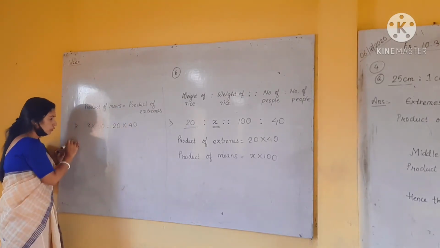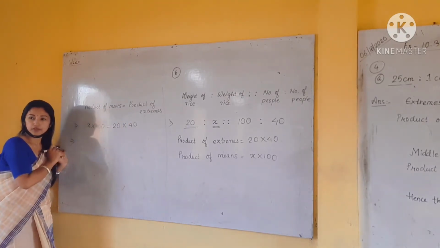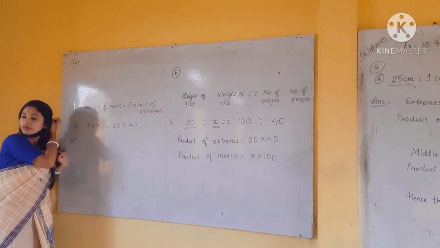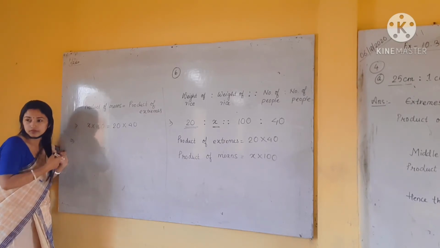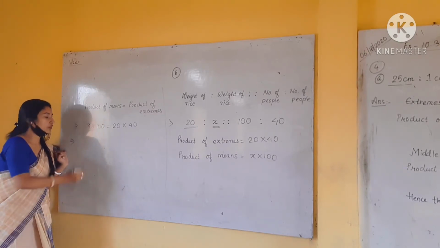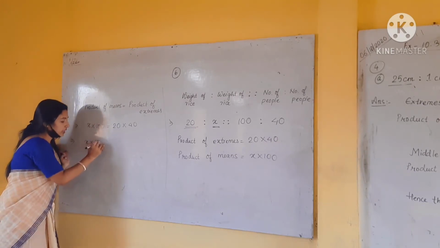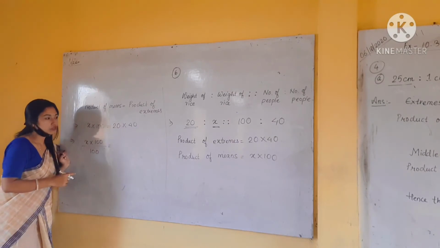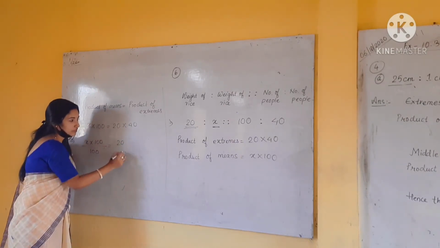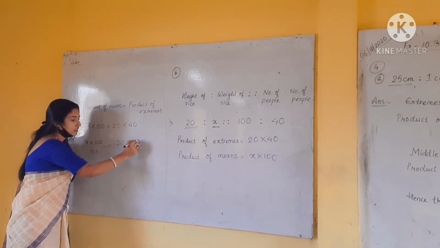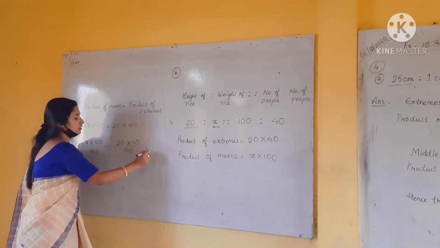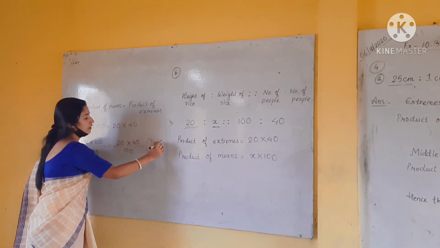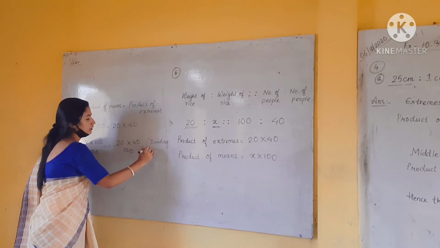So next what we have to do? Ma'am, x into 100 by 100. Very good Abhishek. X into 100 by 100 is equal to 20 multiplied by 40 by 100. So dividing both sides by 100. You have to write in bracket.